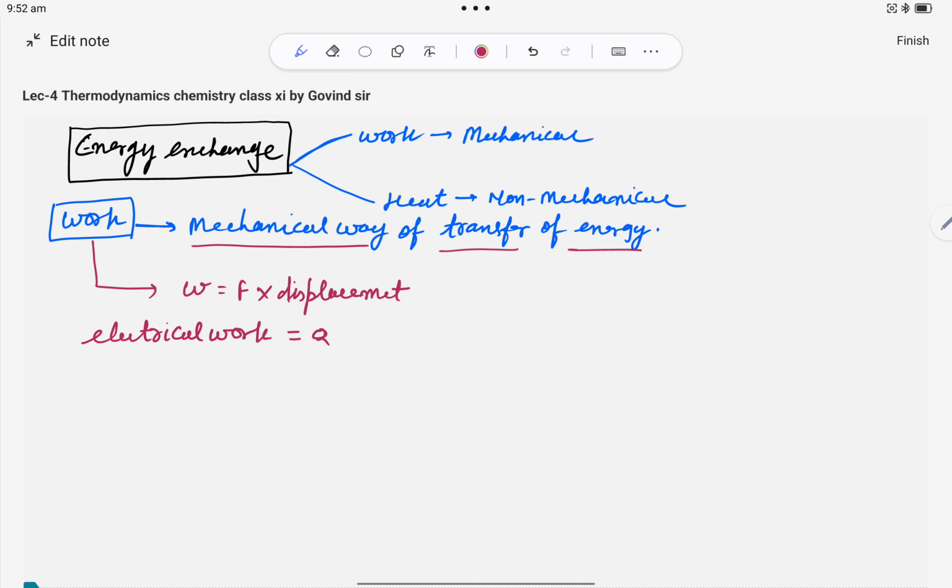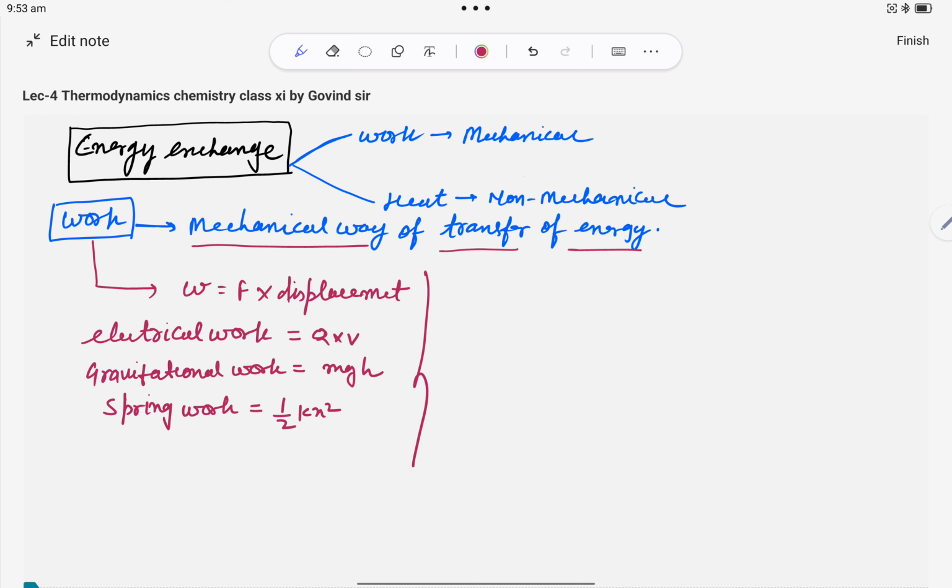It is Q into V. Gravitational work, mgh. Work of a spring. There are so many formulas, which I told you from physics.